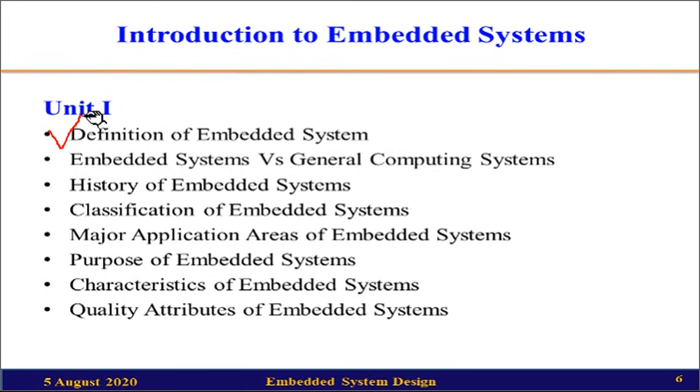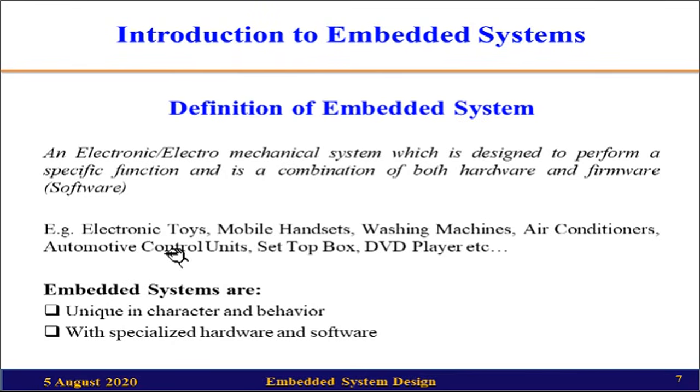By seeing all this, we can go to the definition. Here is the definition. An electronic or electromechanical system which is designed to perform a specific function and is a combination of both hardware and firmware, that is software. As we have seen in the washing machine example, it may be an electronic system or an electromechanical system.